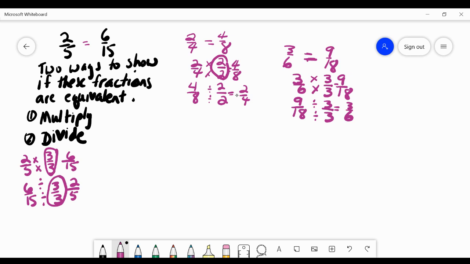Okay, so let's see if you can do this one. 5/10 and 10/20. You can either multiply or divide to see if 5/10 and 10/20 are equivalent. Let's multiply.